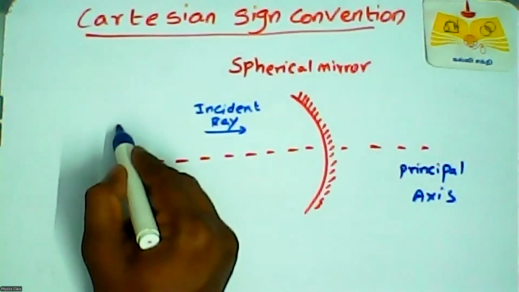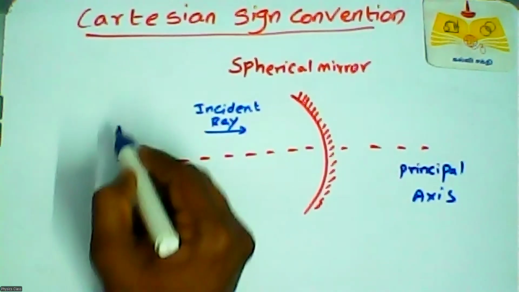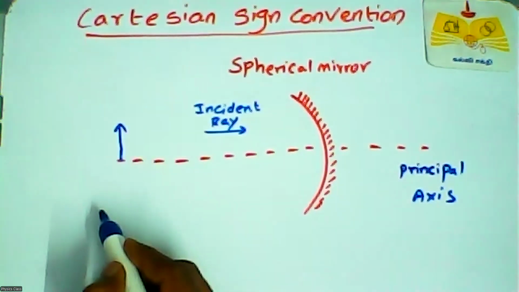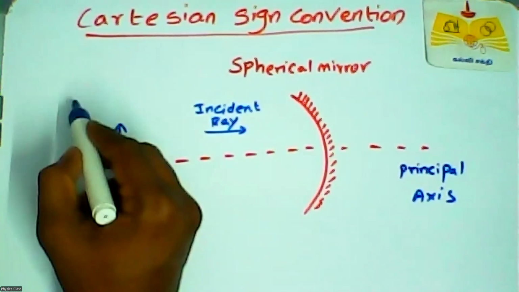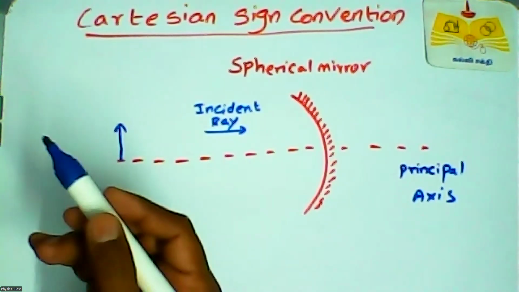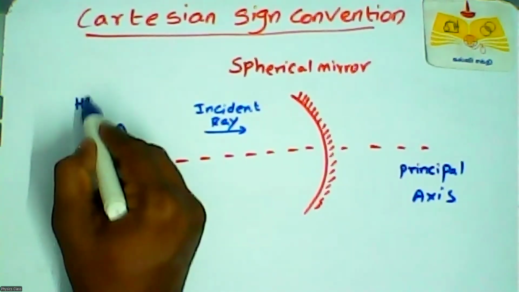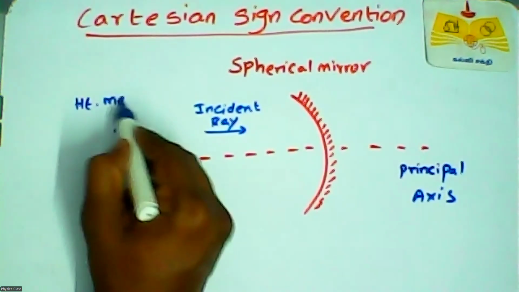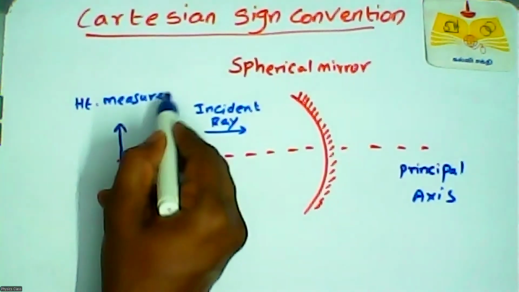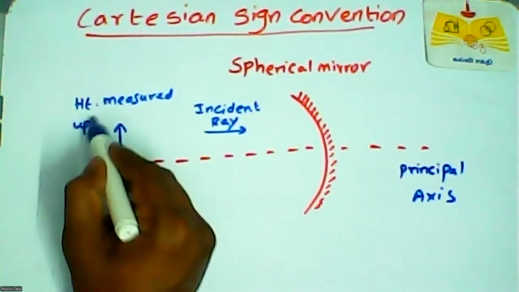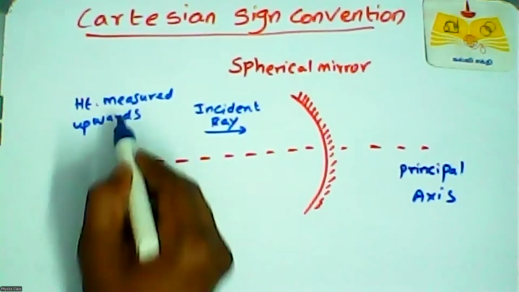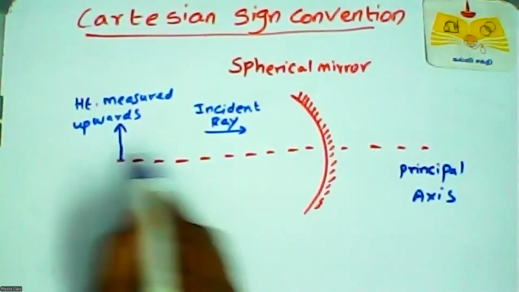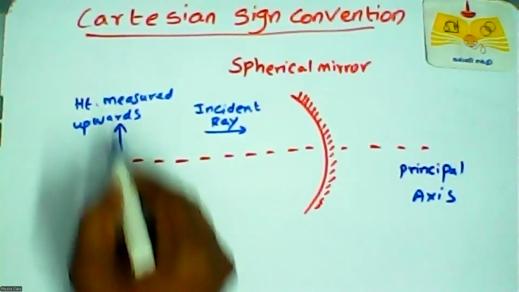So here the object is there. Heights are measured upwards, because the object is placed on the principal axis in the upward direction.